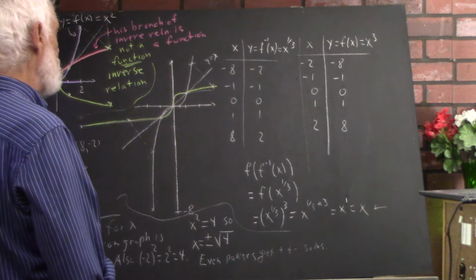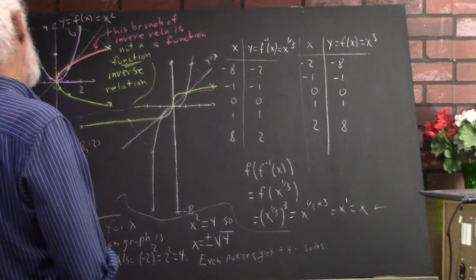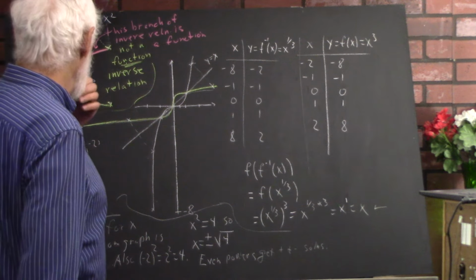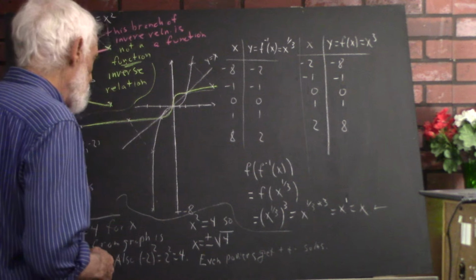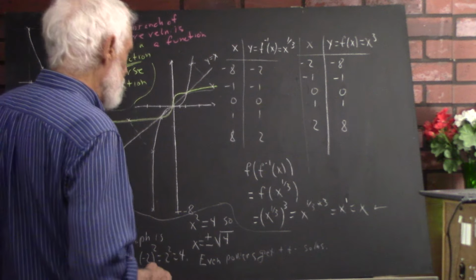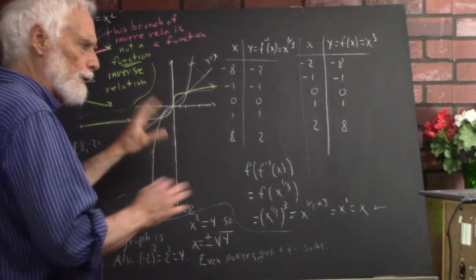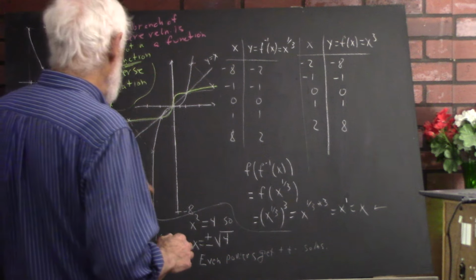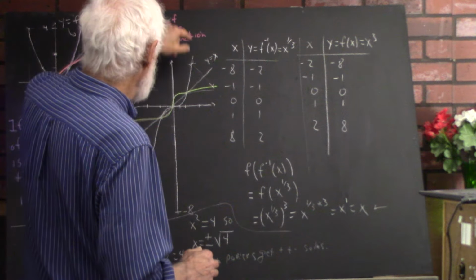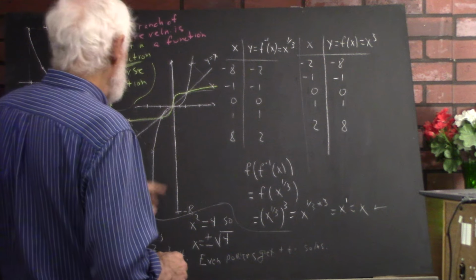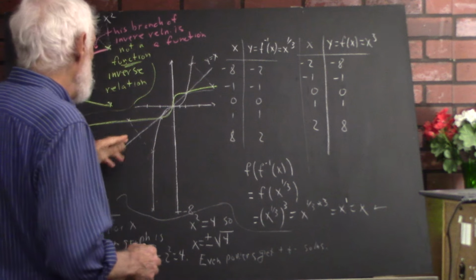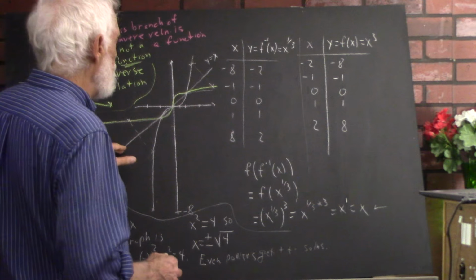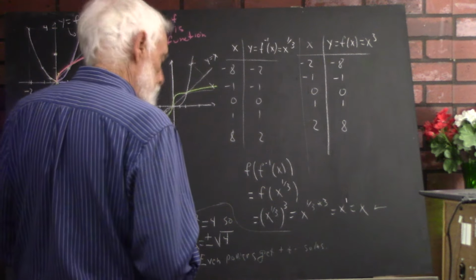I then constructed the graph of x to the 1/3 by drawing the y equals x line, and this one worked out a lot better. It's not totally accurate, but we sketched a graph of x to the 1/3 using the table, and then we simply reflected points across the y equals x line.